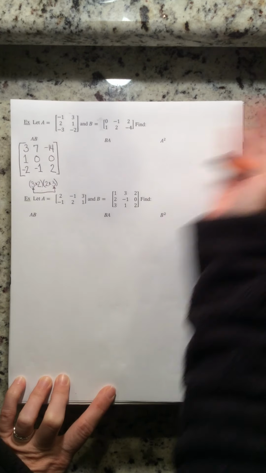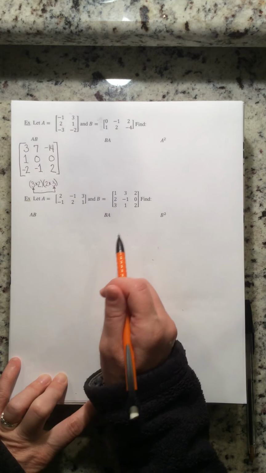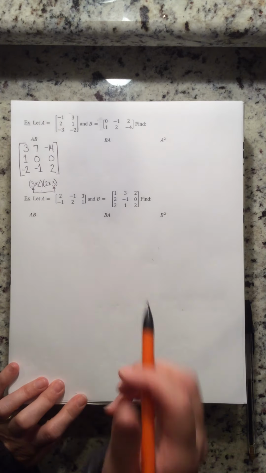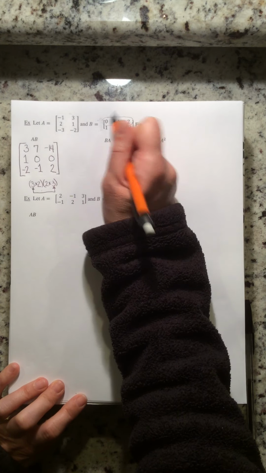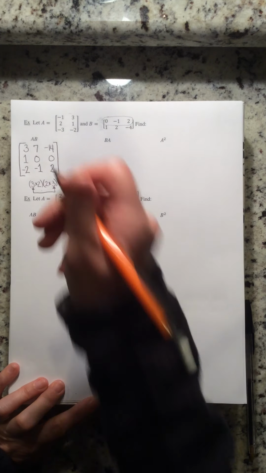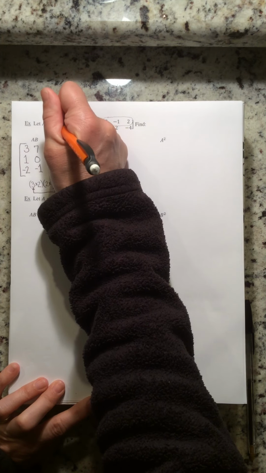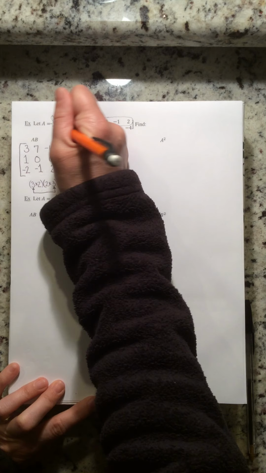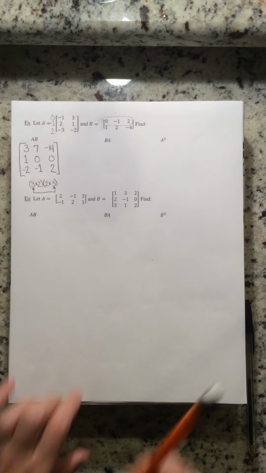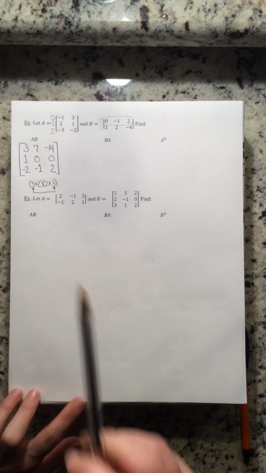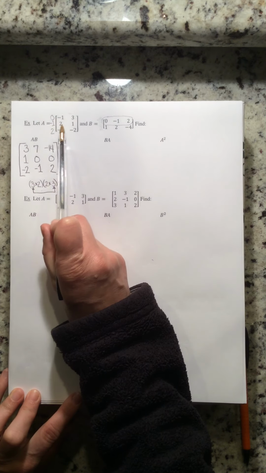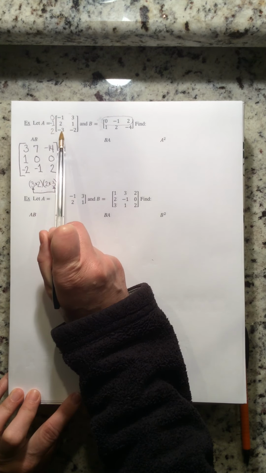And when I want to grab the first row of B, the first row of B looks like this: 0, -1, 2. So I'll go ahead and write that 0, -1, 2 out front. And to get the first entry, I'm going to multiply that 0, -1, 2 times the first column. So this time I'm doing 3 multiplications that will all get added together.